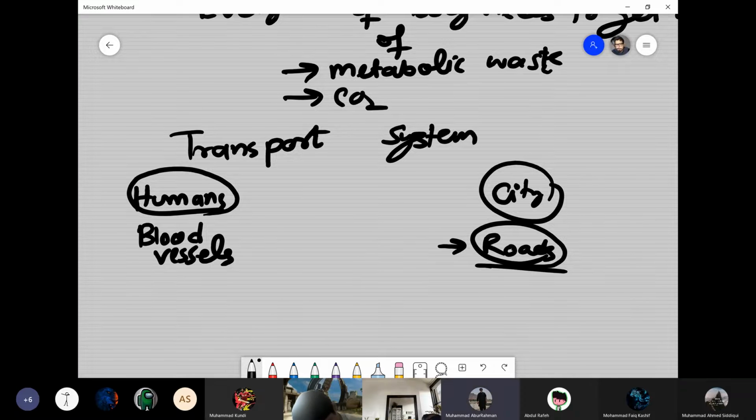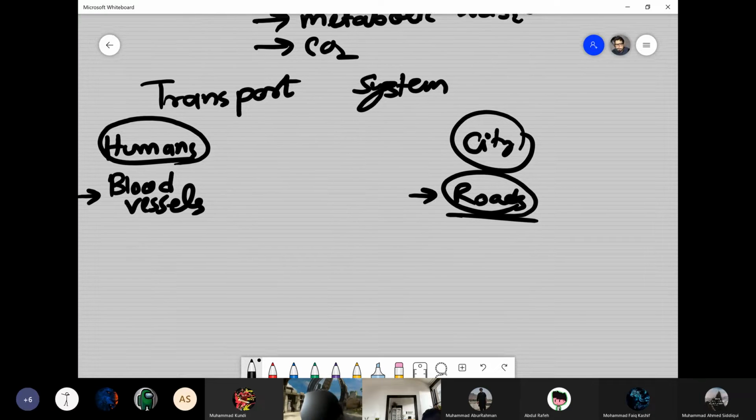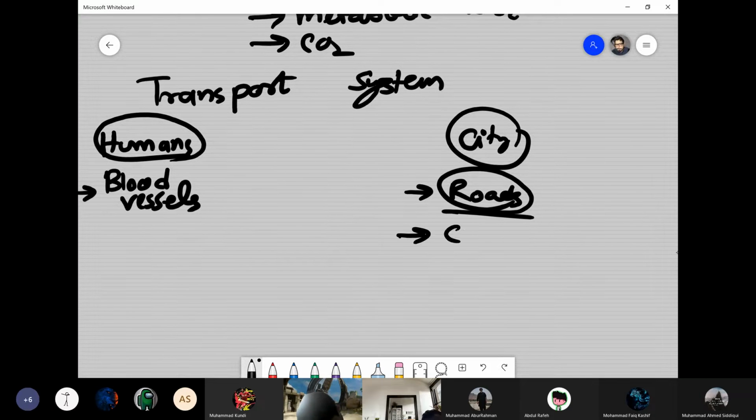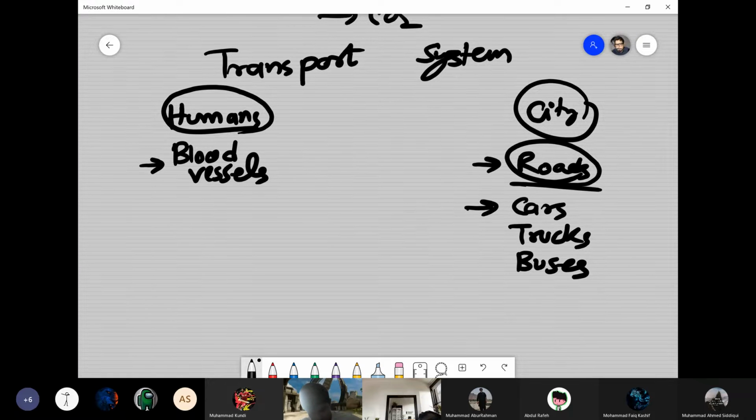So inside our body, there is a network of blood vessels. That is the network of roads inside our body. Interesting, boys. Next, in the city, there are cars, trucks, buses for the transport of materials.